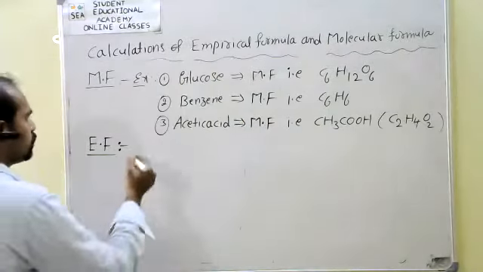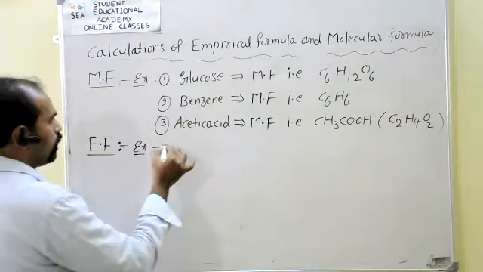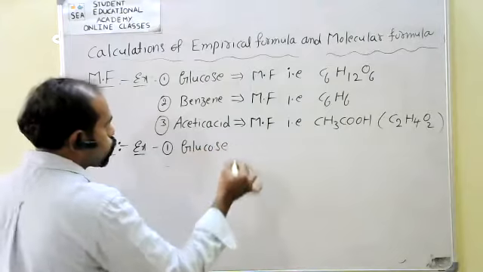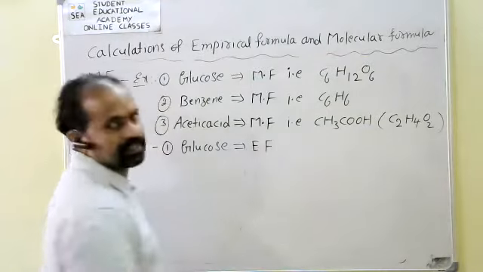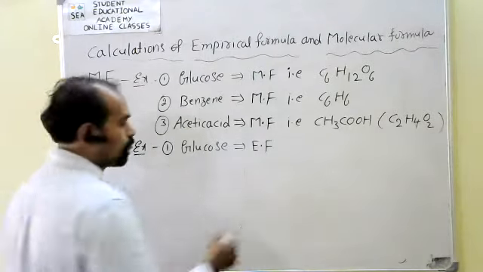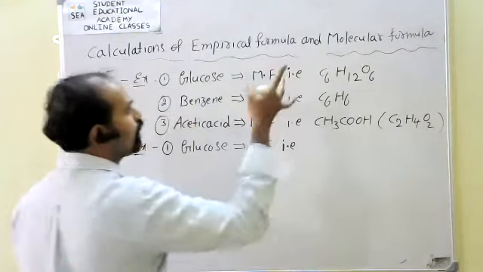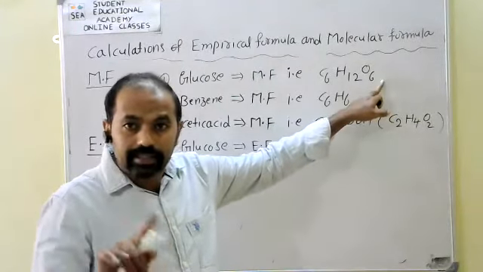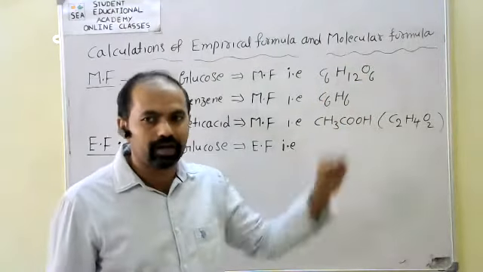For example, if I take glucose again, what about its molecular formula? C6H12O6. It is the exact number of different elements in one molecule of substance.